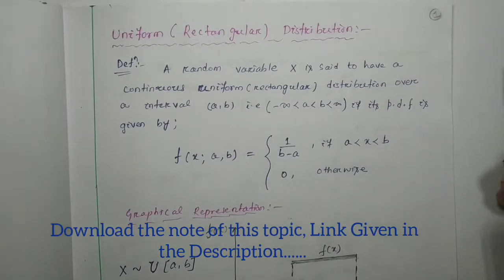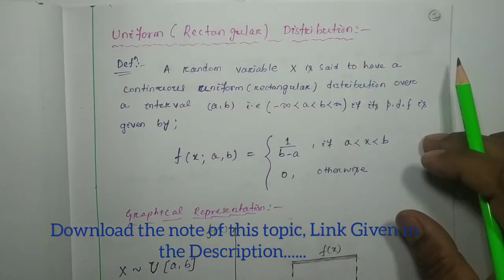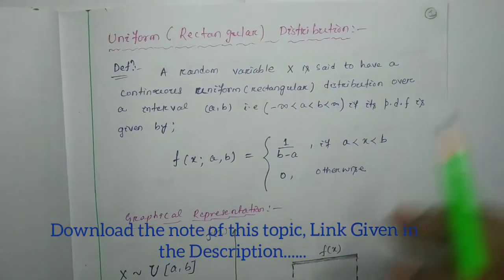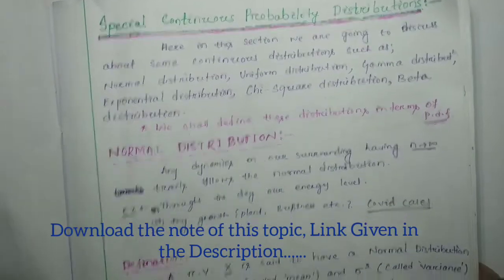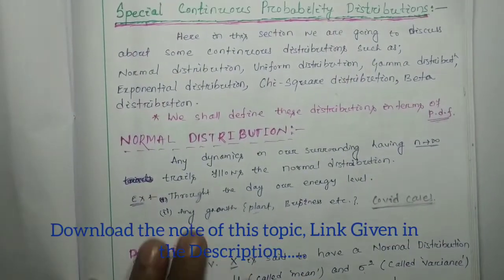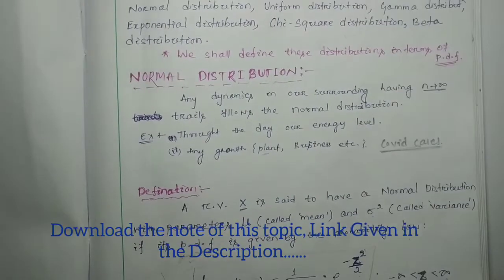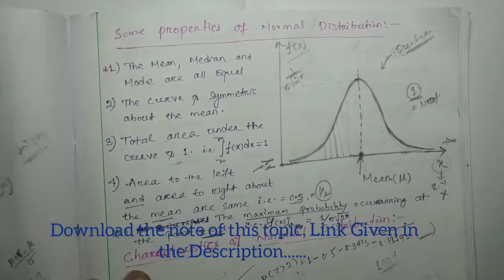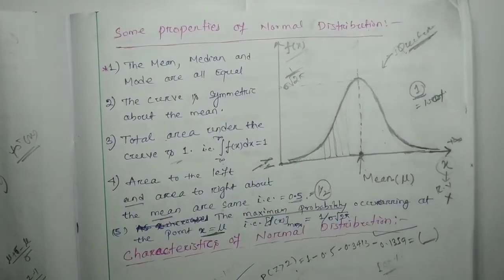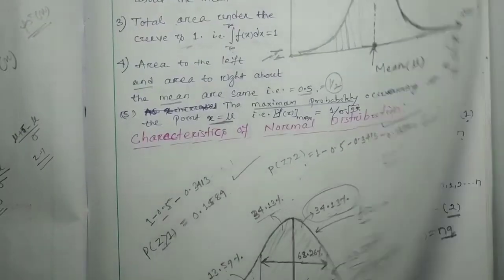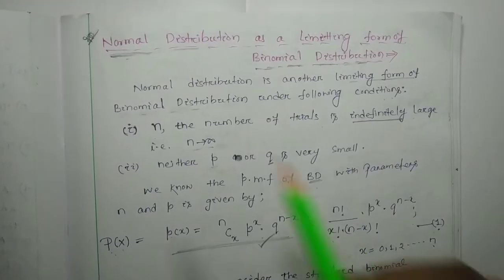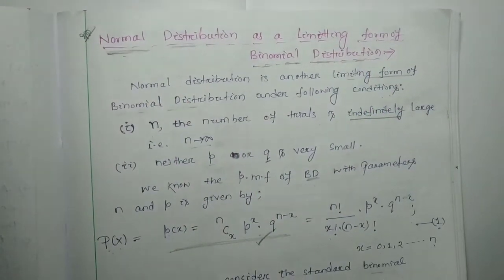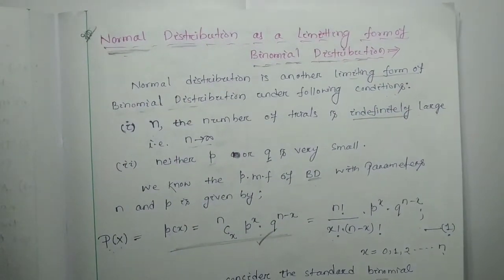Over the last 3 to 4 classes, we have discussed normal distribution in detail. We discussed the properties and characteristics of normal distribution, and how the normal distribution is a limiting case of the binomial distribution.